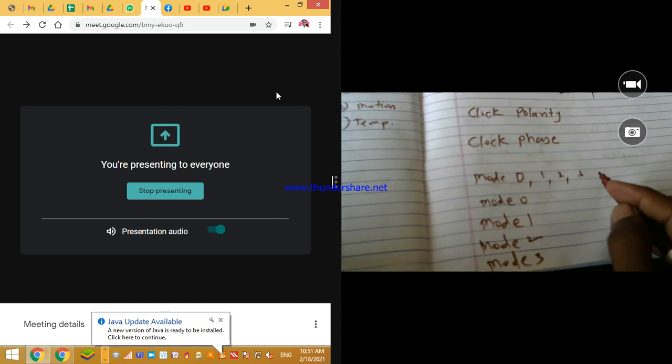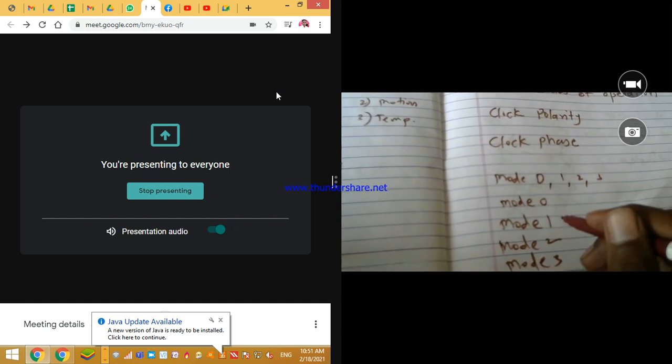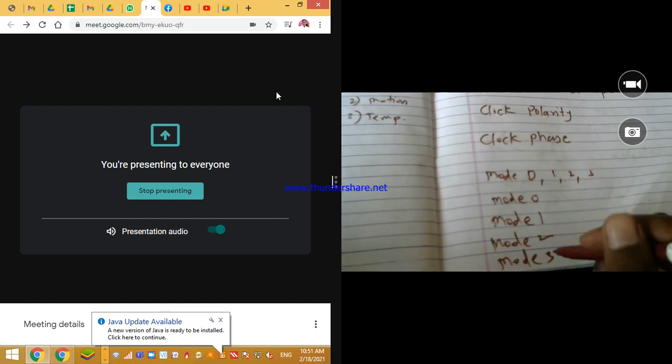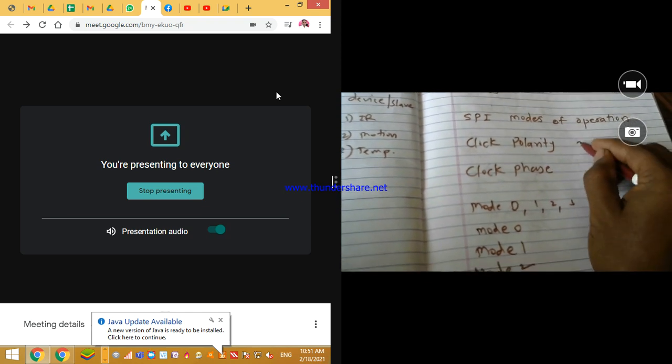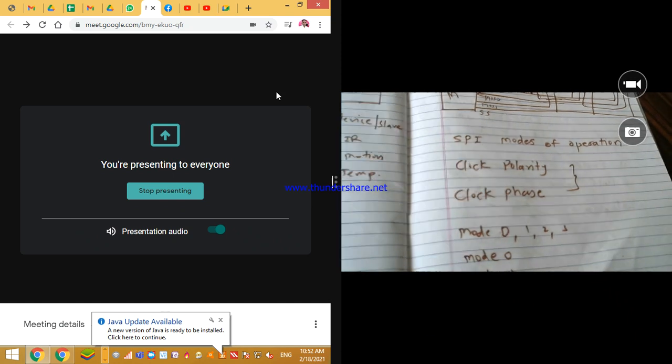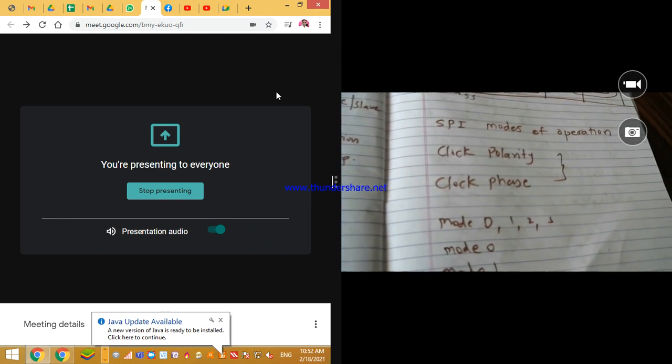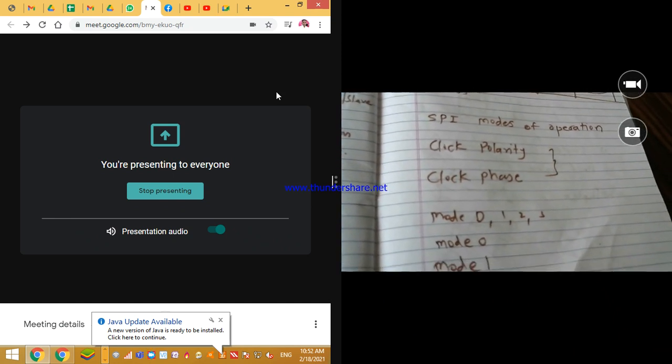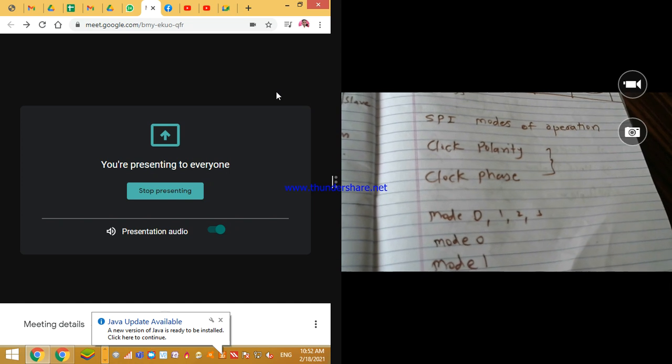And the data transmission in mode 0, mode 1, mode 2, mode 3 is done by considering the clock polarity and clock phase.